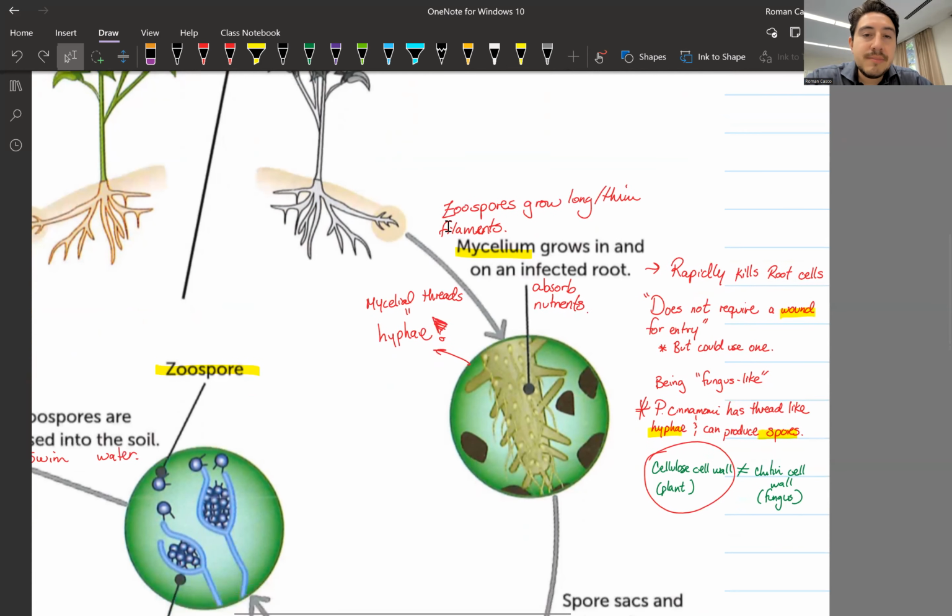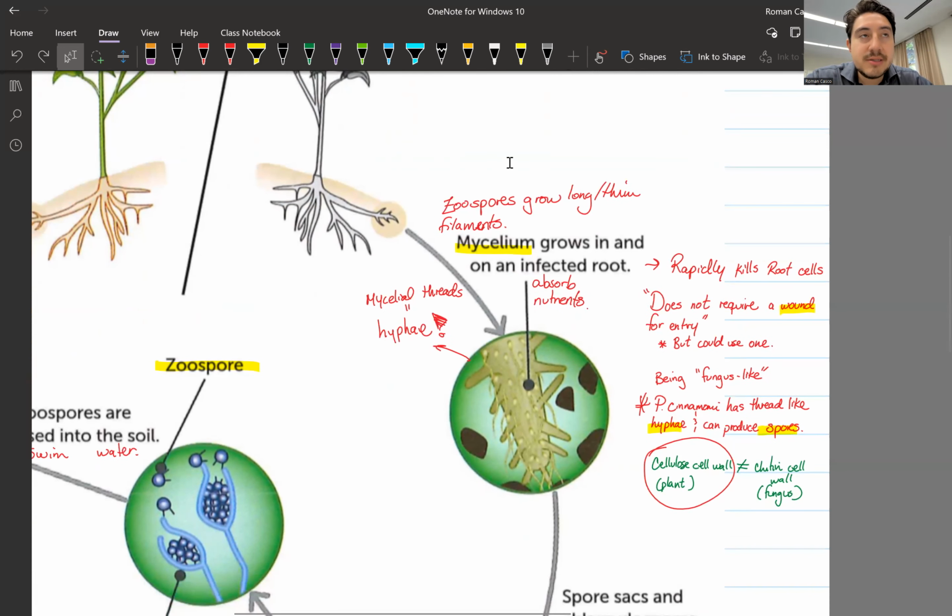So in this case, you have this dieback that can produce this zoospore. Being fungus-like, it is going to have some similarities with fungi. So it can produce zoospores, and it's very filamentous, in the sense that it can essentially produce hypha, and then ultimately this whole mycelial structure.